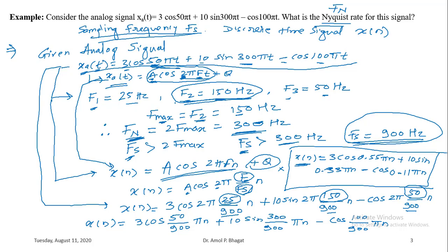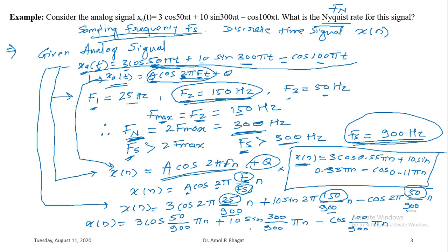So the given equation was 3 cos 50 pi t, that was the analog signal components, plus 10 sine 300 pi t minus cos 100 pi t. But in discrete time version, the cos 2 pi fn were specified, but f is nothing but F upon Fs, so we have rewritten it as 3 cos 2 pi F1 upon Fs n plus 10 sine 2 pi F2 upon Fs multiplied by n minus cos 2 pi F3 upon Fs into n.